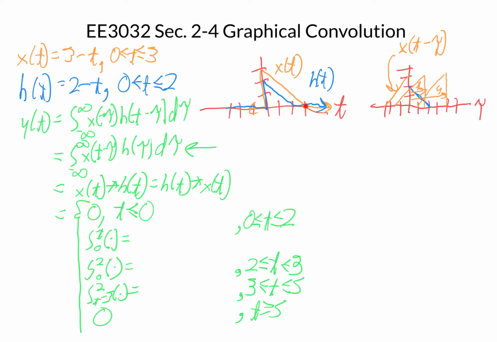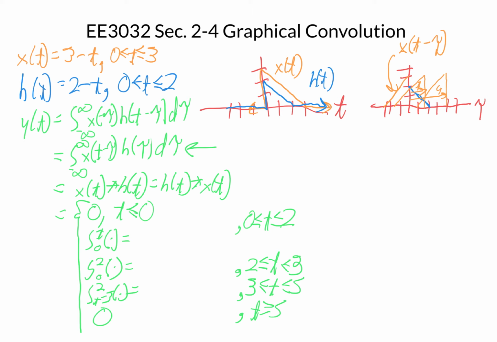So the last input came at 3 seconds. The impulse response says you have outputs occurring up to 2 seconds after the input occurred. So I add the 3 to the 2 and I get to 5, and if I'm beyond that, the output will no longer occur.